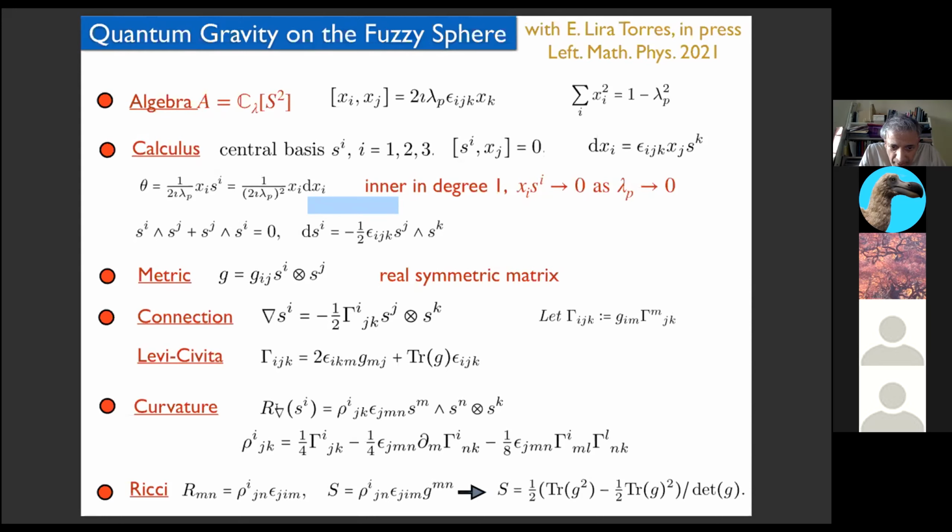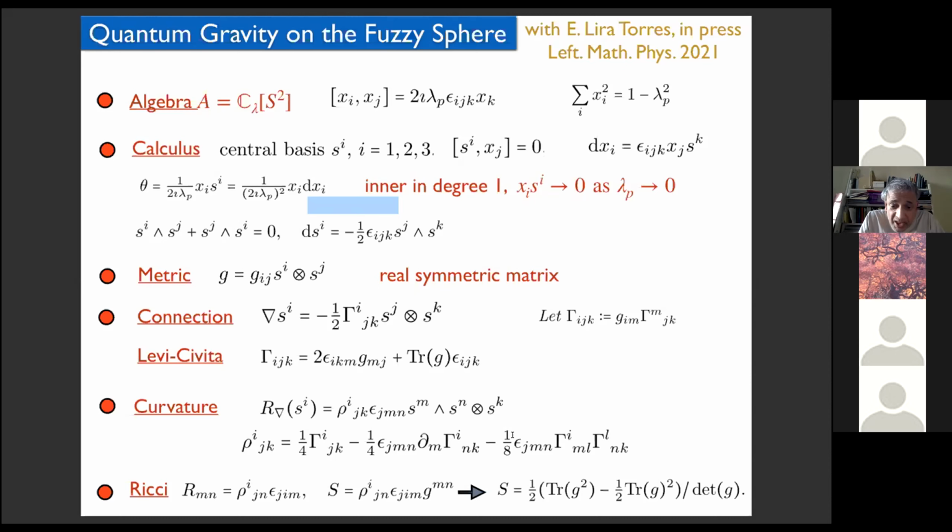Then the curvature, we write it in this form for this particular tensor, the quantity rho ijk. So the formulas look a bit different because our bases are not the usual coordinate bases. So they don't look like usual formulae in textbooks, but they're not dissimilar. Then the Ricci tensor, using the antisymmetric lift, has this form.